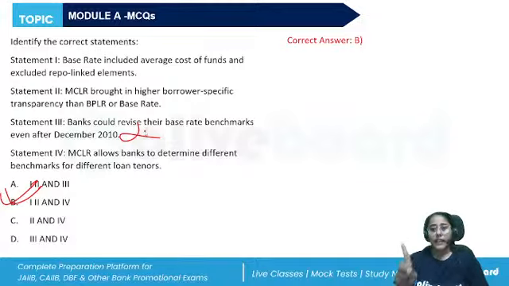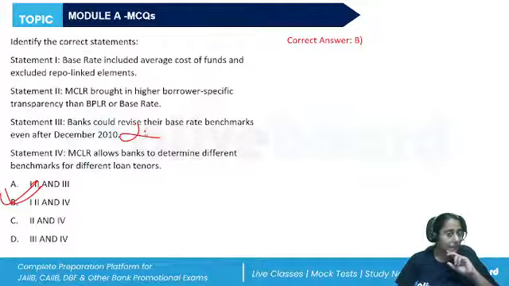So, in order to give banks time to stabilize the system of base rate calculation, banks were permitted to change the benchmark and methodology anytime during the initial 6 month period, but before the end of December 2010, not beyond that. That is why the third statement is incorrect. All right? Okay.